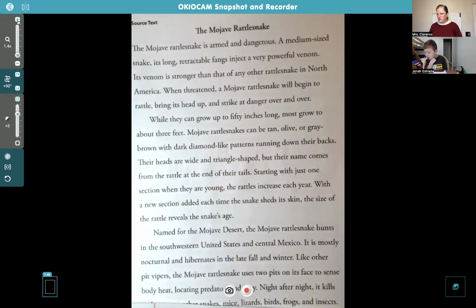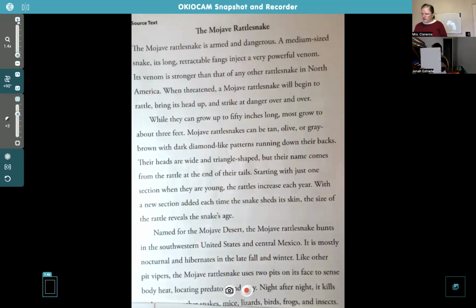Let's see. How do I do this? Can we do four words or no? No, the rule says three. I have an idea though, because maybe we don't have to put all the different colors. We can just pick a couple of them.